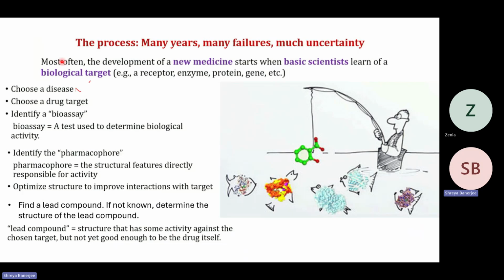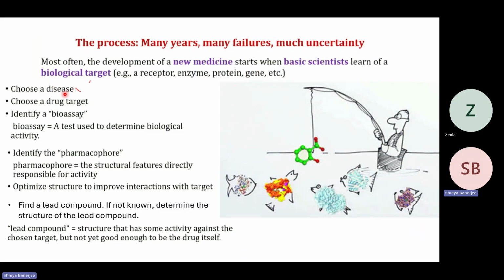Now we will talk more about drug discovery. So drug discovery is a process that involves many years, many failures, and a lot of uncertainty. Most often, the development of a new medicine starts when basic scientists learn of a biological target, that is, a receptor, enzyme, protein, or gene that they want to target.